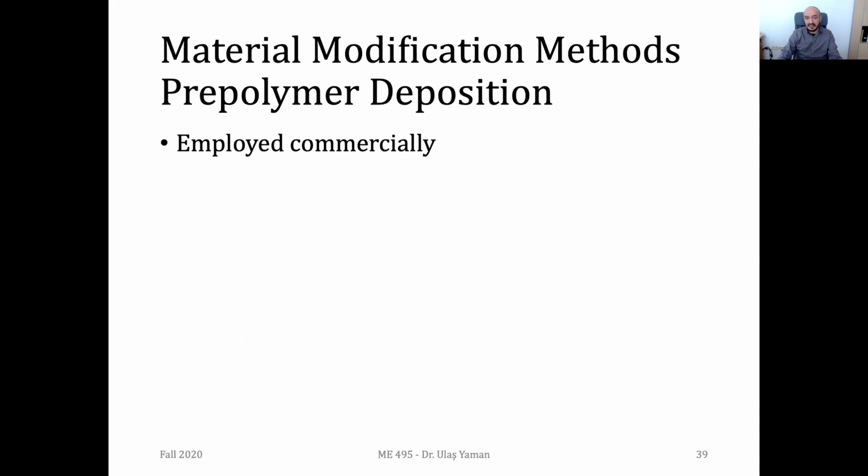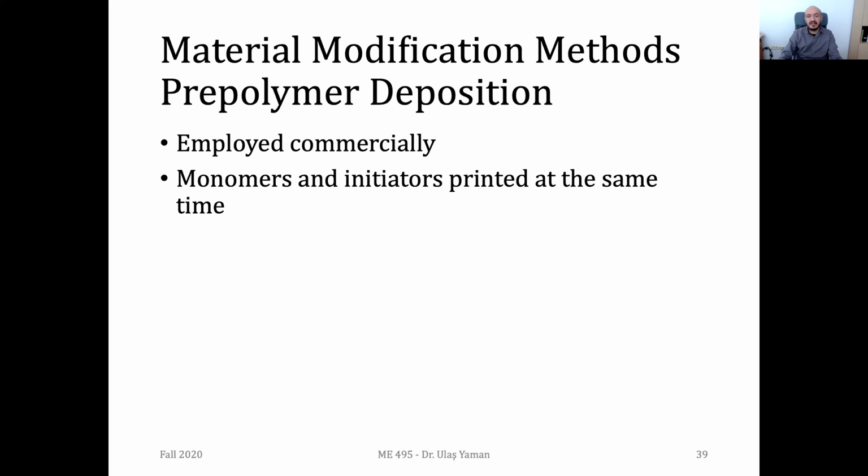The other approach for material modification is pre-polymer deposition, and this is the most popular way. Objet type of printers are using this method in their commercial systems. They are jetting monomers and initiators at the same time.